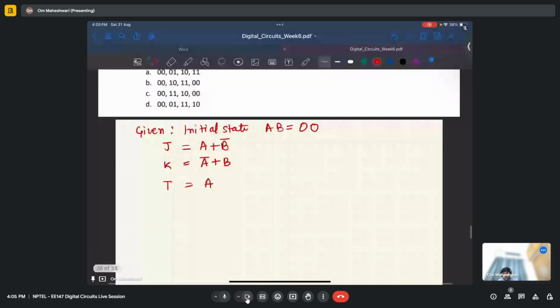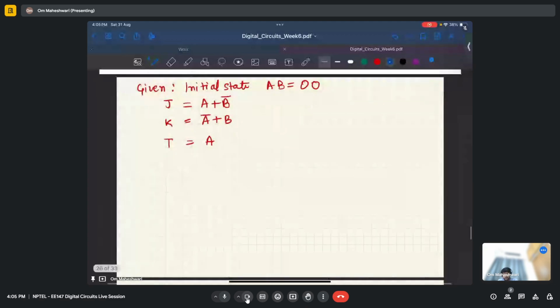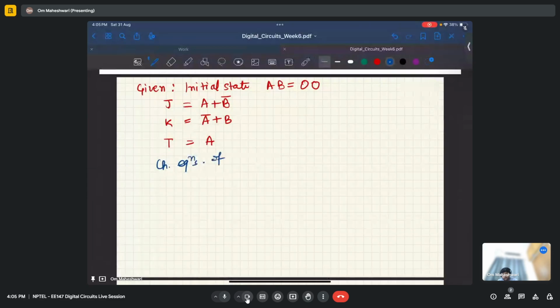Now we will write the characteristic equation of JK and characteristic equation of T. For T, it is T Qn bar plus T bar Qn, which is T XOR Qn.